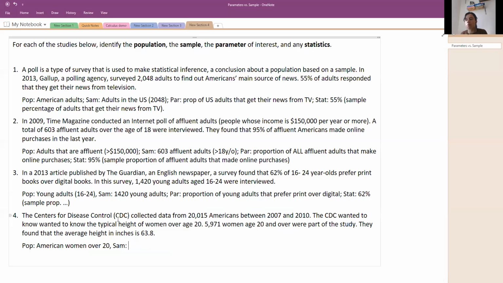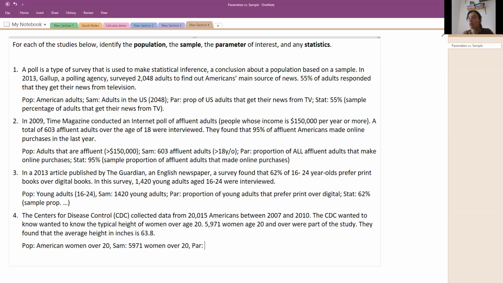So what is that going to be? 5,971. Because what I have is a sample of all of the Americans, but if I'm studying just women over 20, then I need a sample that's only made of women over 20, right? So that's going to be the 5,971 women over 20.